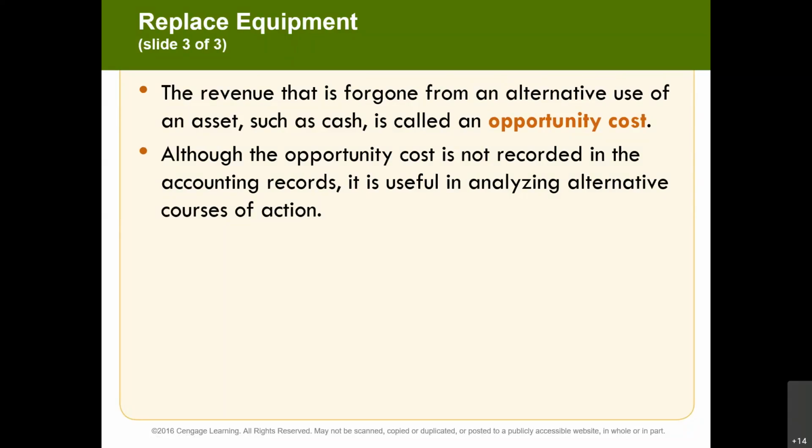The revenue that's foregone from an alternative use of assets such as cash is called an opportunity cost. So anything that is foregone is called an opportunity cost. Although the opportunity cost is not recorded in accounting records, it's good to understand it for analyzing alternative courses of action.